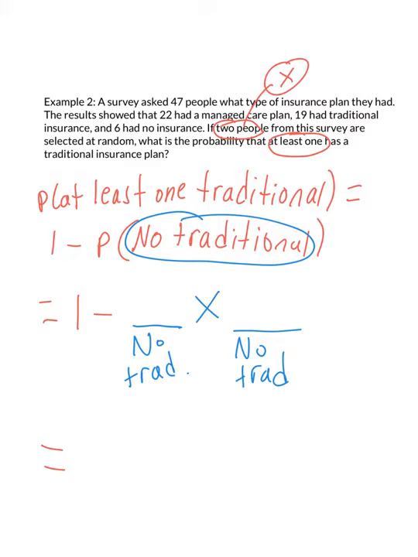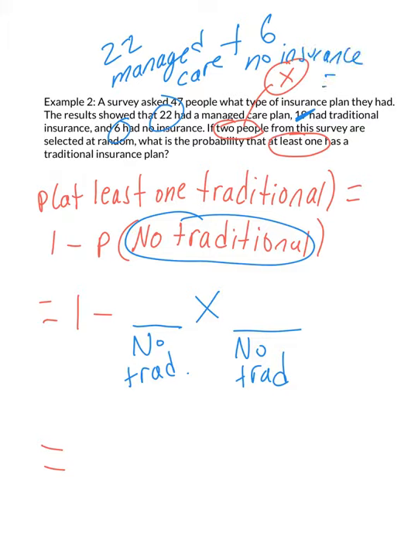If I take away those that did have traditional, I see that 22 had the managed care plan, plus I see 6 had no insurance. So 22 plus 6 gives me 28 people that had anything but traditional insurance. So 28 did not have traditional. So 28 names did not have traditional insurance.